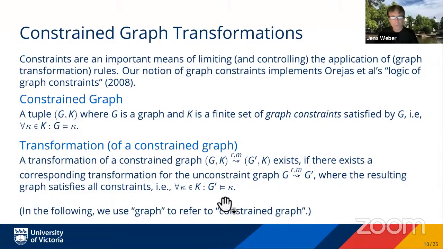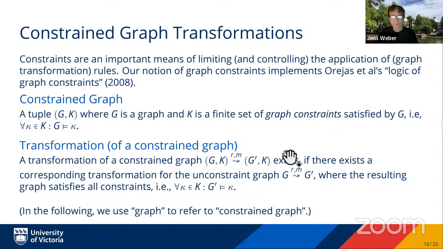One thing that I want to point out is that, at least in our tool, in our model, we don't have typed graphs, but we have constrained graphs. So our graphs are not constrained by a type graph, but you can have arbitrary graph constraints attached to a graph that have similar functionality to a typed graph.